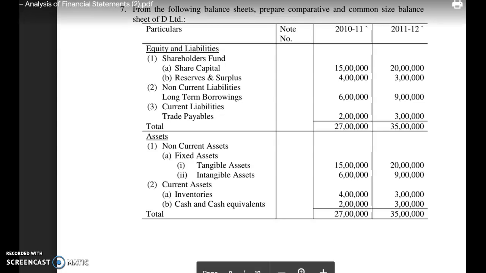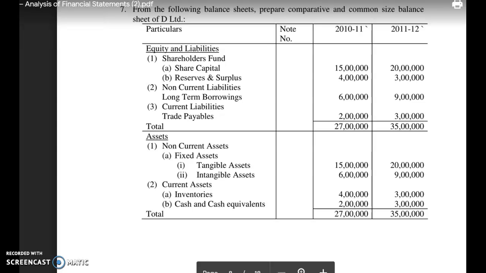Now, first of all, we understand what we mean by the term comparative statements. Dear students, it is very important to estimate the present and the future growth of the firm so that we can have financial planning.